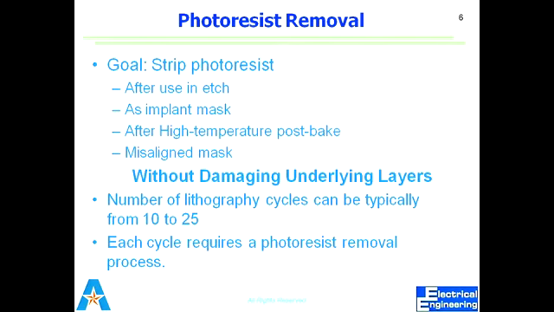That's why we call it lift off process, because photoresist would be removed, at the same time the metal at the top of the photoresist would be removed. So we have only thin metallic layer at the middle. So this is the lift off process.